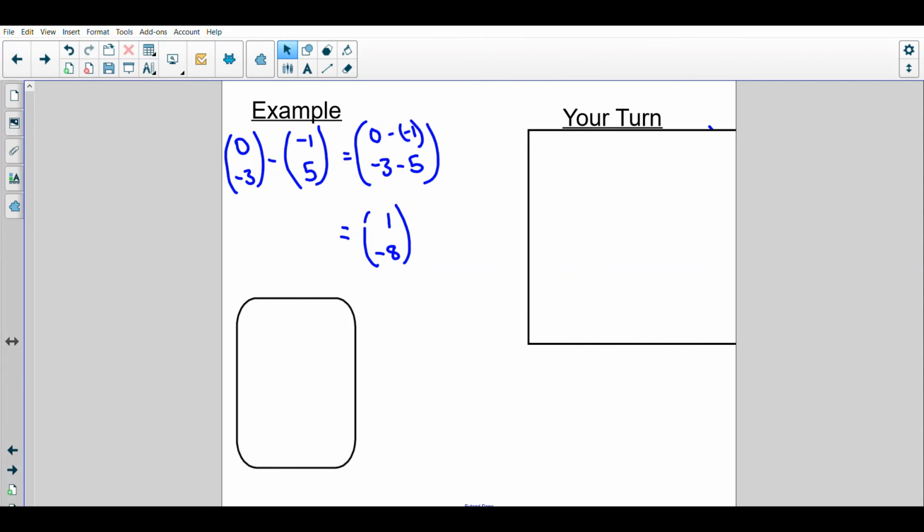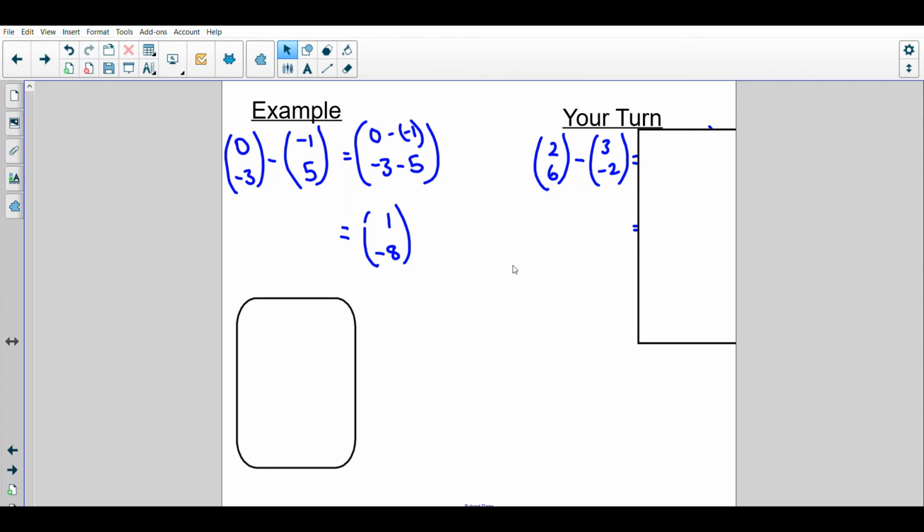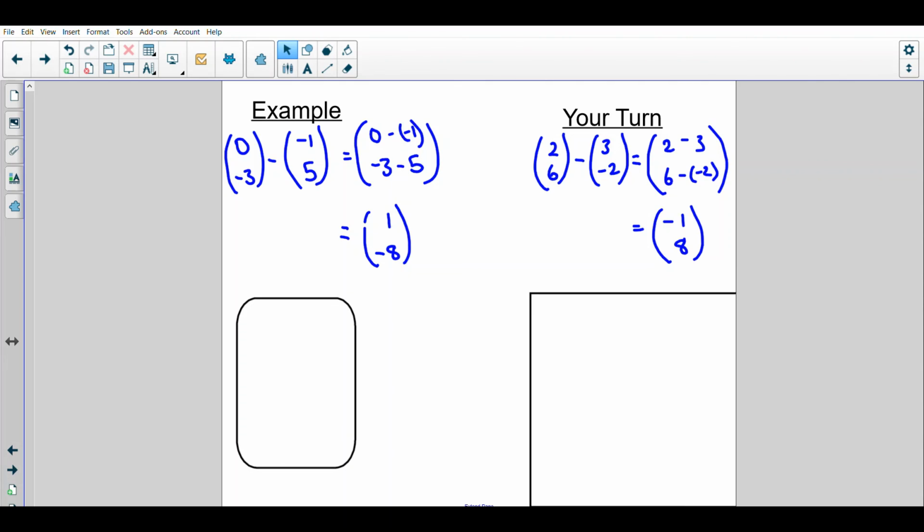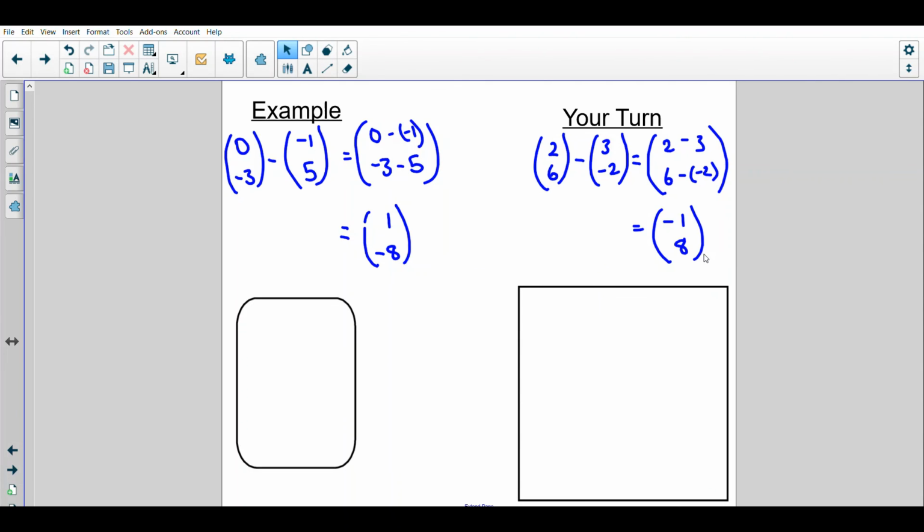Now your turn. Try this question. Here's the working out, and hopefully that's the answer that you got as well. Let's see what you know now with some multiple choice questions.